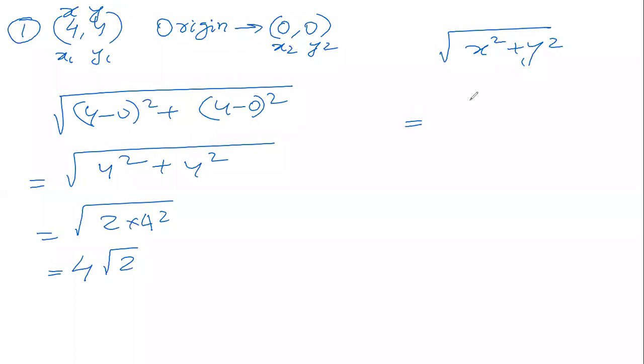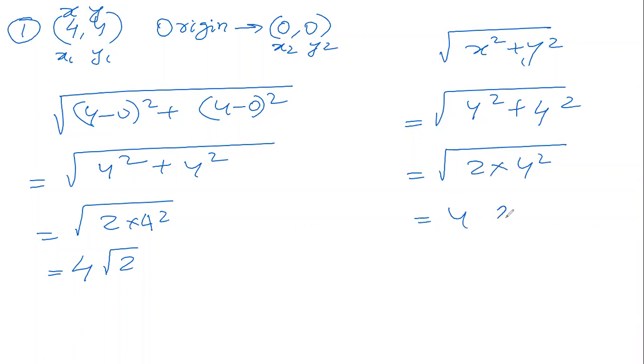Using this formula, x is 4 square plus y is also 4 square. Once again, it is 2 into 4 square, so 4 root 2. So whether you use the general formula or the special formula, the answer remains the same because they are the same points. The distance between them will remain the same.